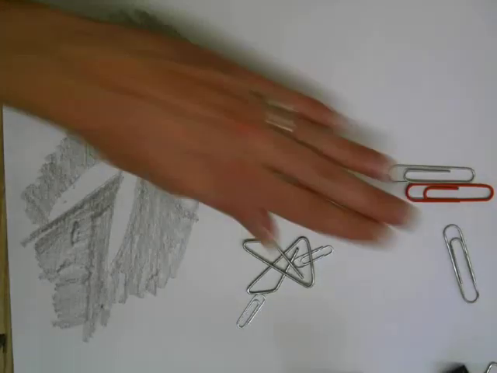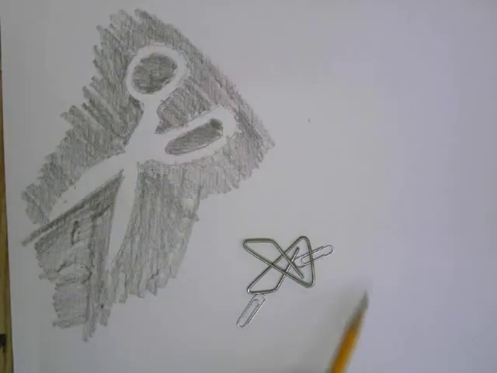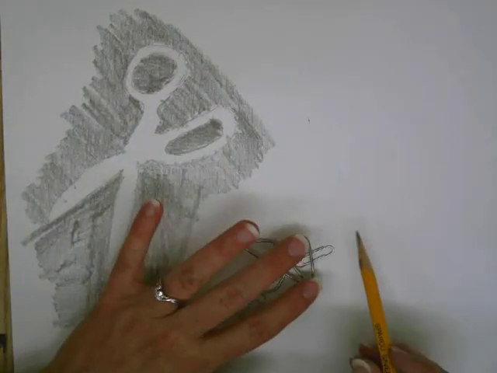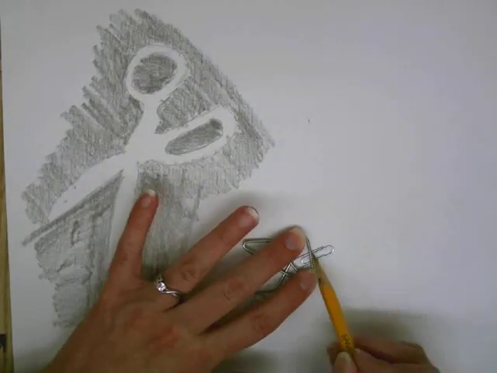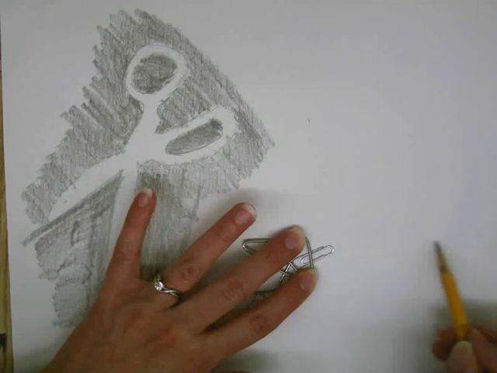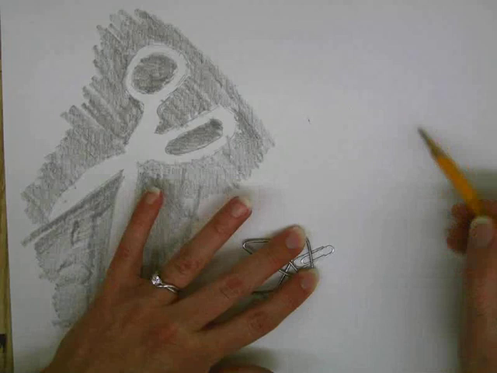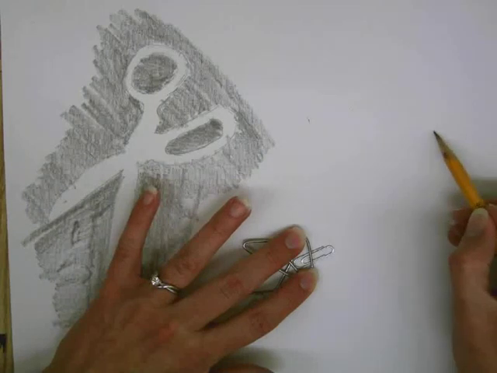Okay, so I have these 3 paper clips all together, and I'm going to draw the negative space. Okay, now I have this space right here. Up here so you can see it. Okay, so I have, and I'm going to draw this a little bit bigger.